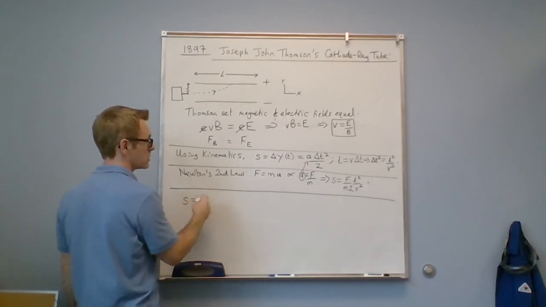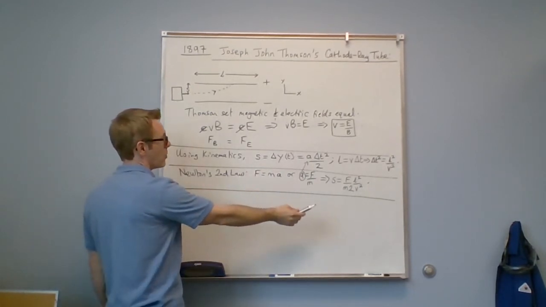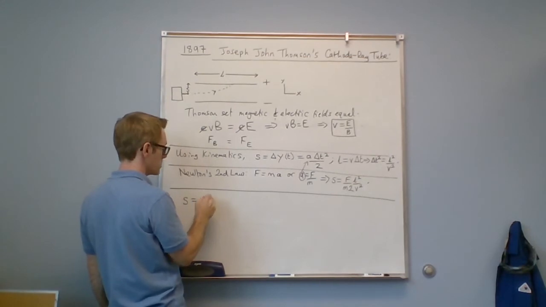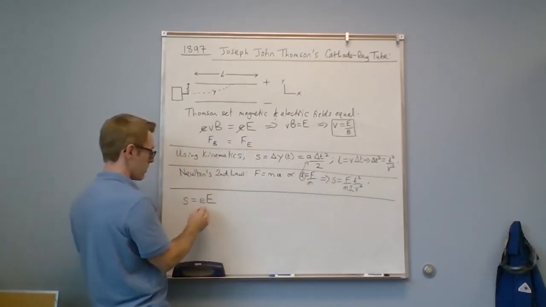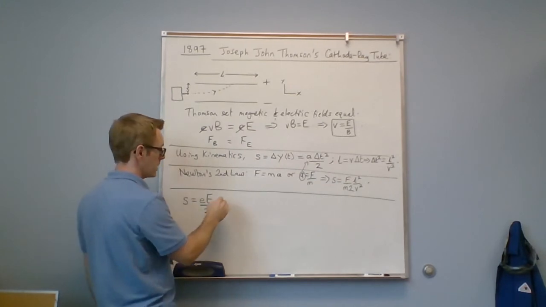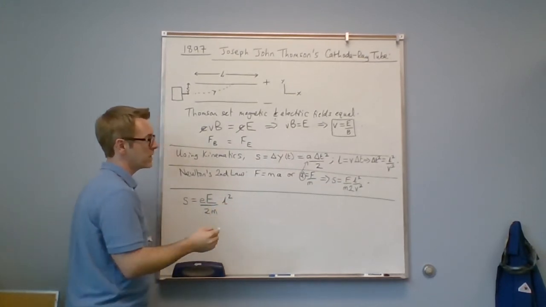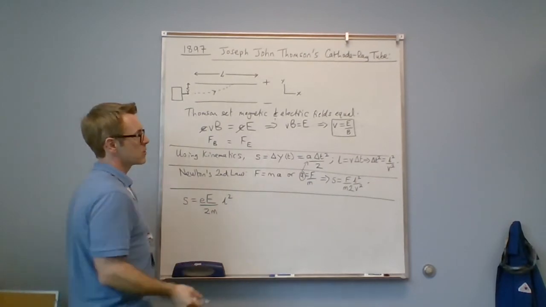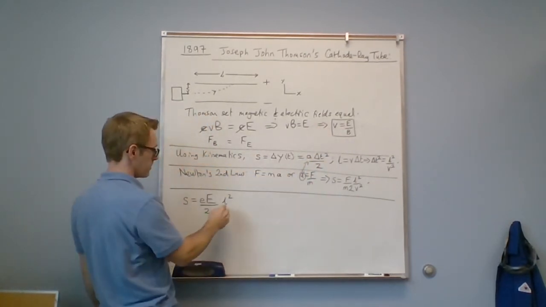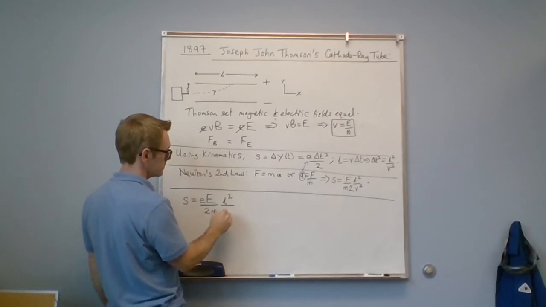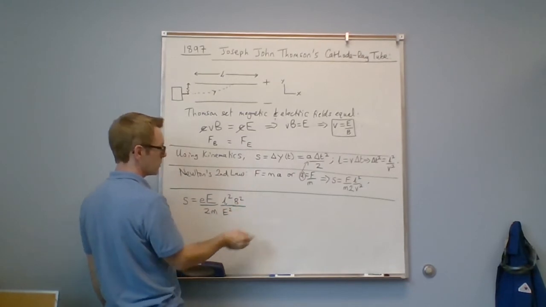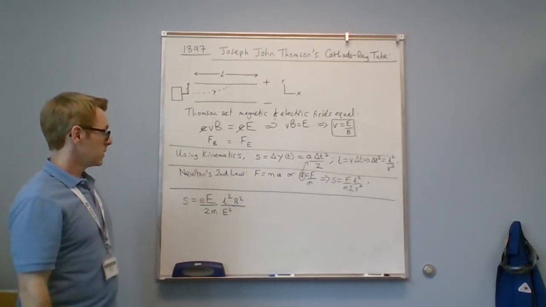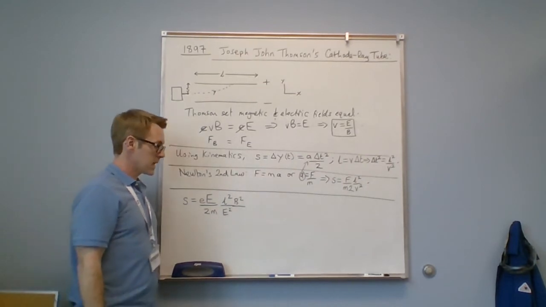So S equals force, but again, force is the electric charge multiplied by the electric field over 2m, and then I have L squared over V squared, but V squared is E squared over B squared. The B wraps back up around.